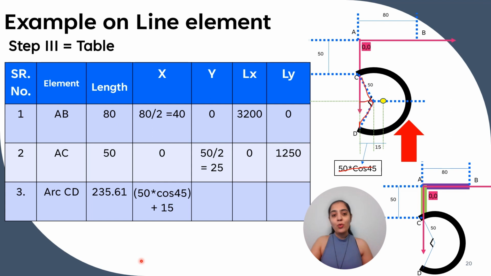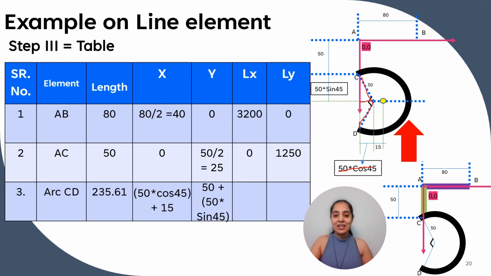Similarly, how to calculate y? Here also we have to calculate this OC and then plus this 50 mm. Correct. See in the figure, it is equal to 50 plus 50 into sine of 45.